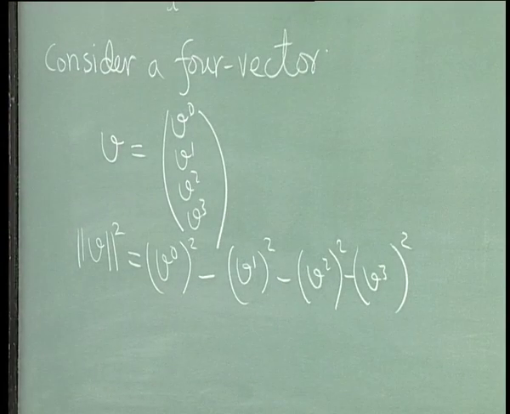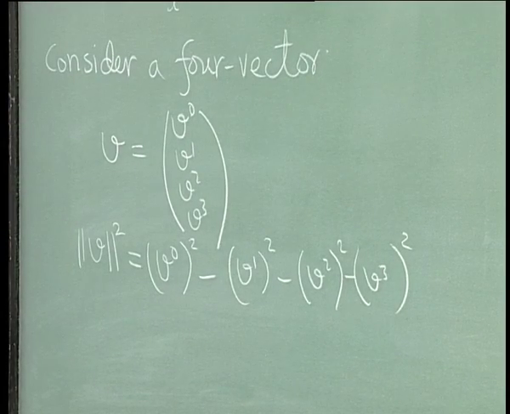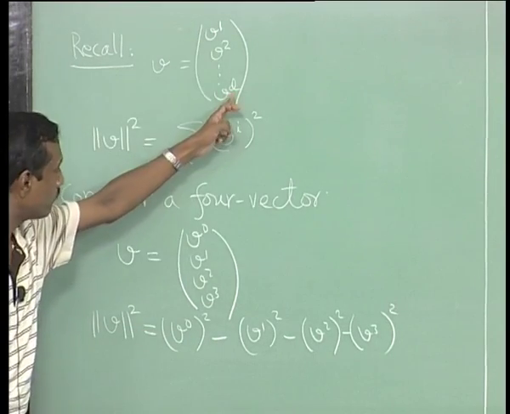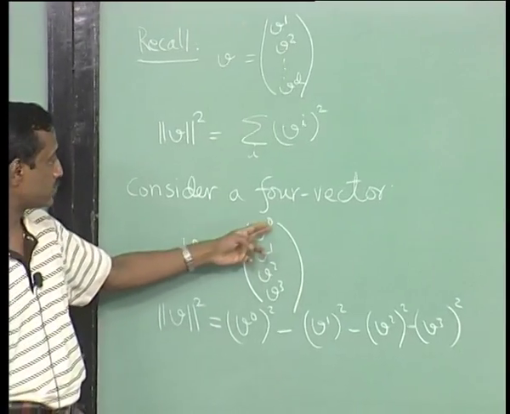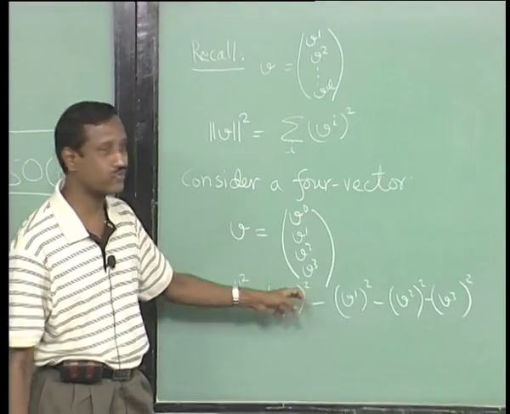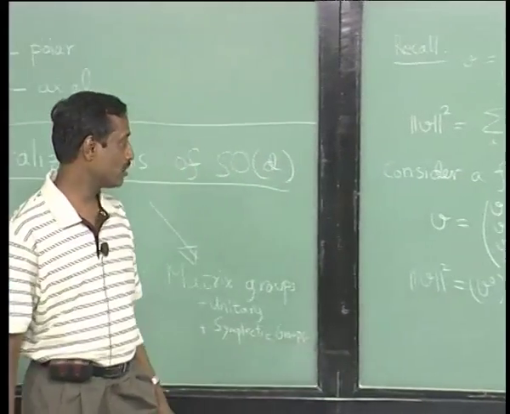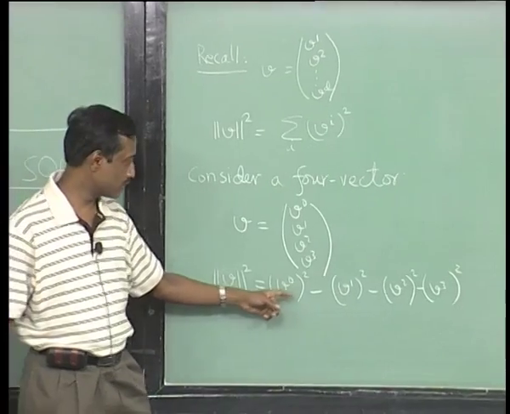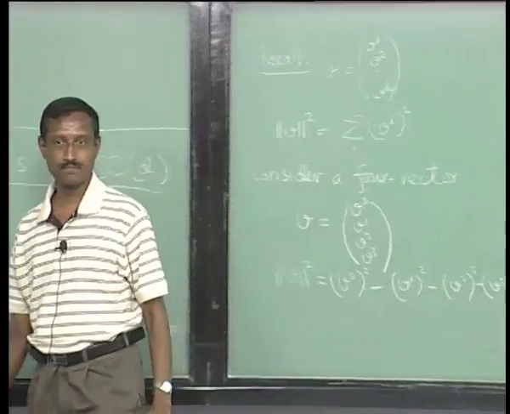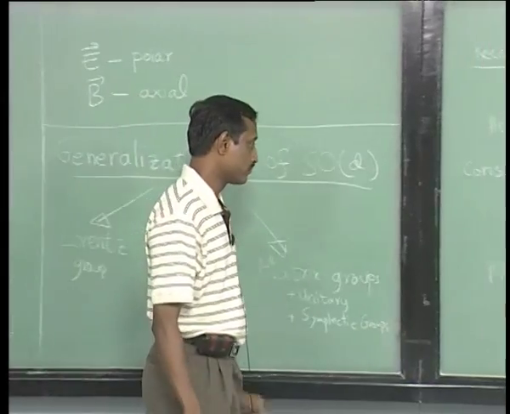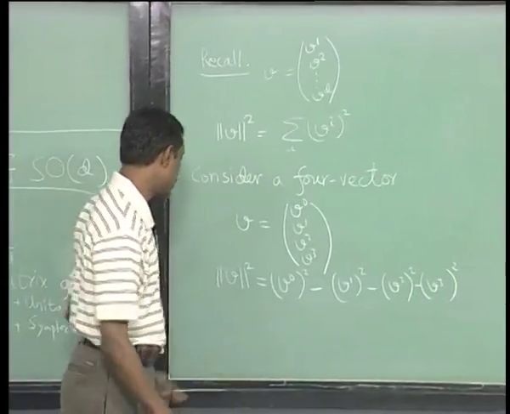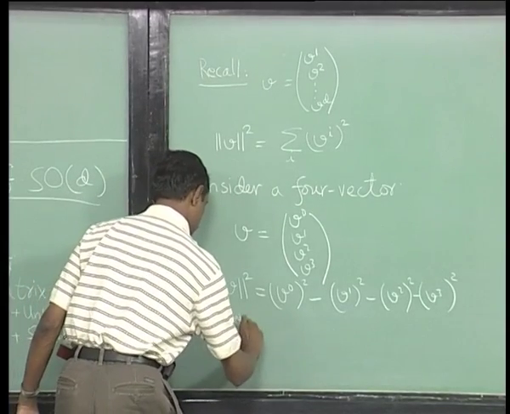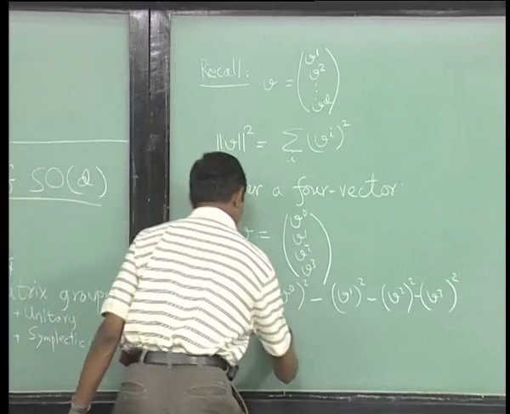This is the norm which I will attach to a 4 vector. You can see that here it was a sum of positive terms. Even if you take d to be 4, I can write my vectors going 1 2 3 4 or 0 1 2 3, but what we have here is a different norm, which has minus signs. So you can see that already this norm squared is not positive definite.